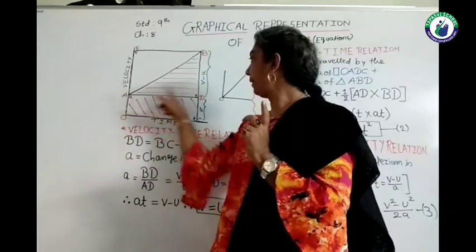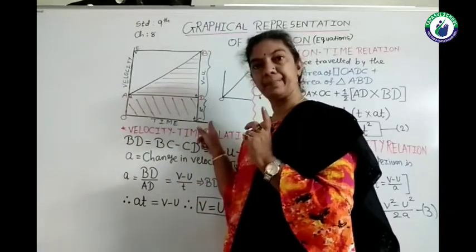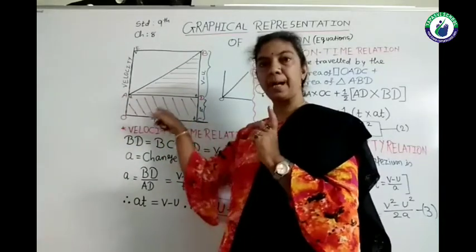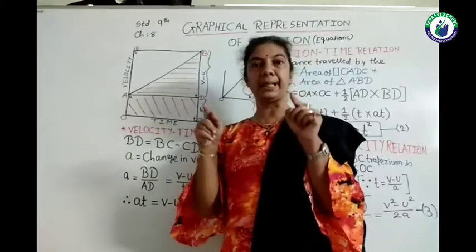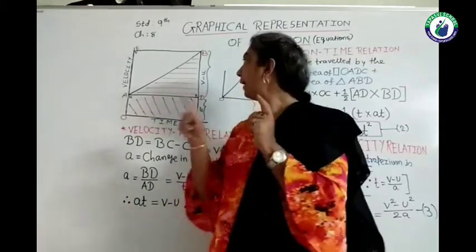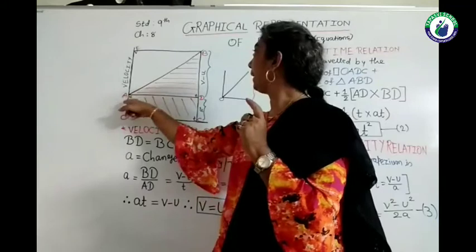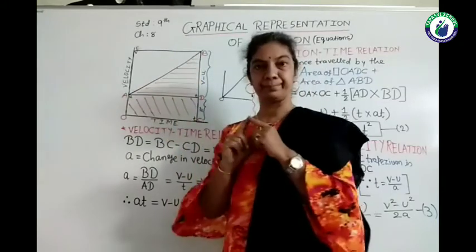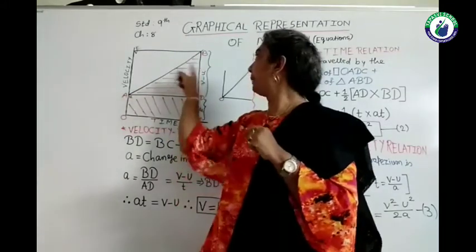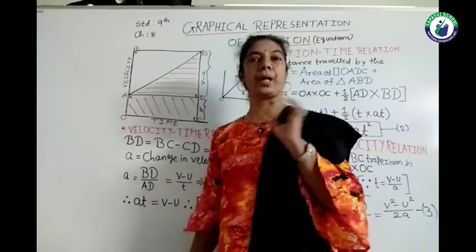O, A, B, C represents 1 rectangle and A, B, D represents 1 triangle.